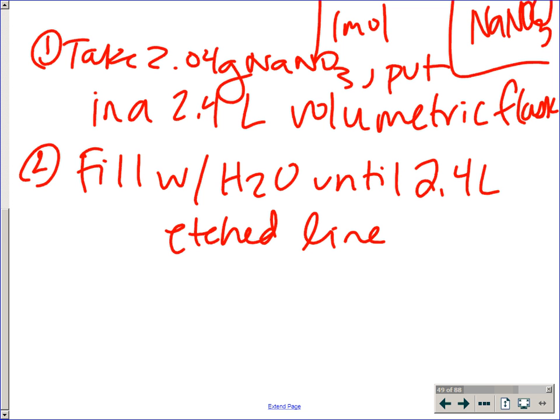I want you to figure out what we need to prepare it and write down how you would prepare it. And while you're doing that, I'm looking for 1 through 18.